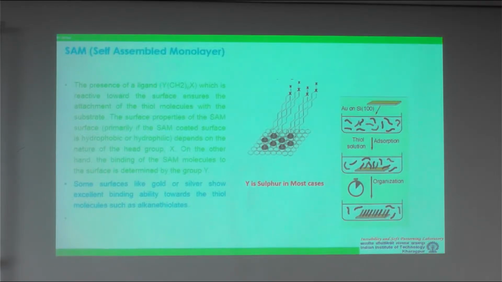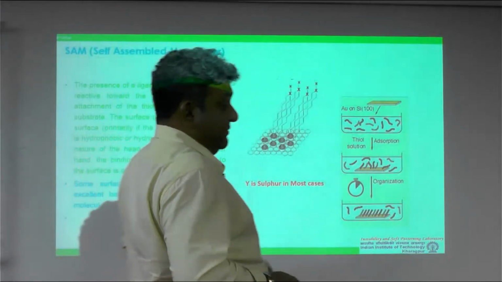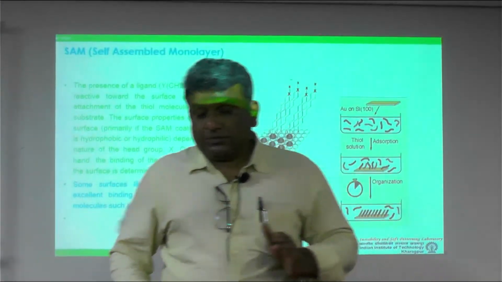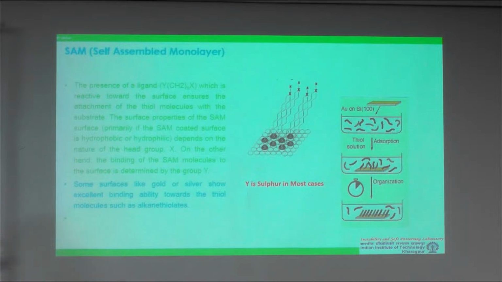The Y end will attach. So basically, you have these molecules, of which only one layer will attach to the surface, and this is called the self-assembled monolayer. So you now take a surface, put it in a SAM solution, right? The self-assembled monolayer forms. It leads to a change in the effective wettability.